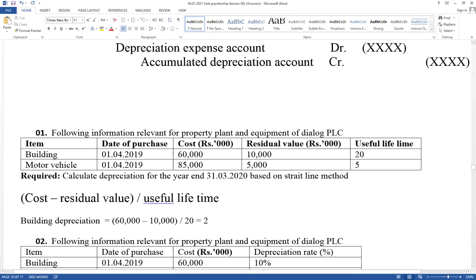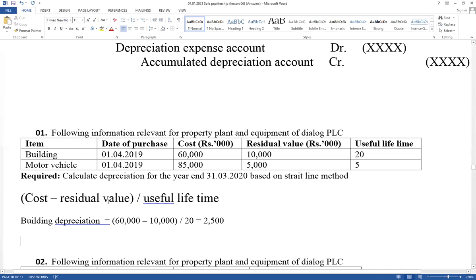Annual depreciation equals 2,500. Then think of the entry: depreciation expense account debit, accumulated depreciation account credit. This is the way you have to calculate based on straight line basis. And motor vehicle depreciation is calculated the same way.